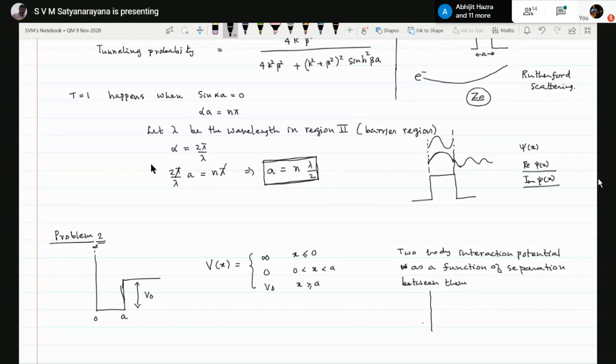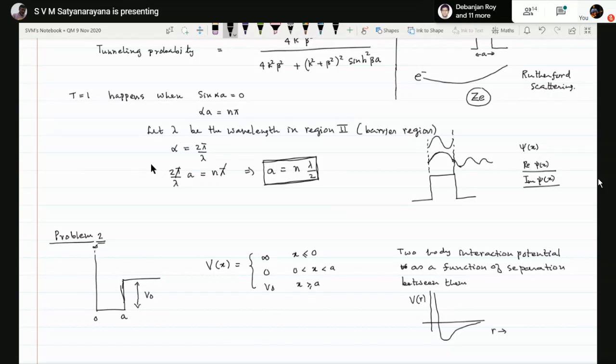There may be different potentials. Suppose this is your V of R, where R is the separation between them, and this is R. Now typically you will have potentials of this type.